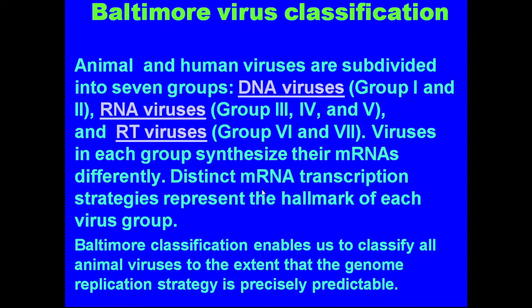I would like to remind you that the genetic dogma for all eukaryotic organisms is what? The genome is made up of DNA, right? And DNA should be transcribed into mRNA, and that is called transcription.